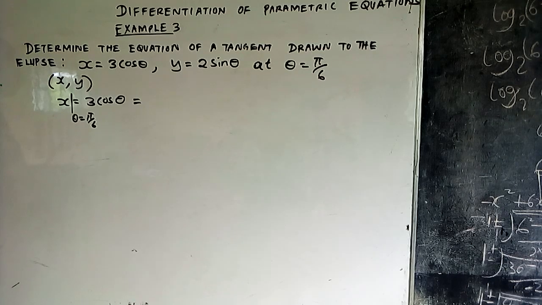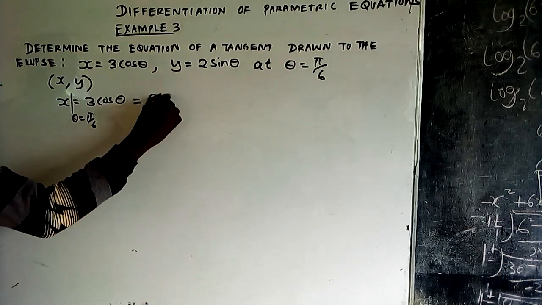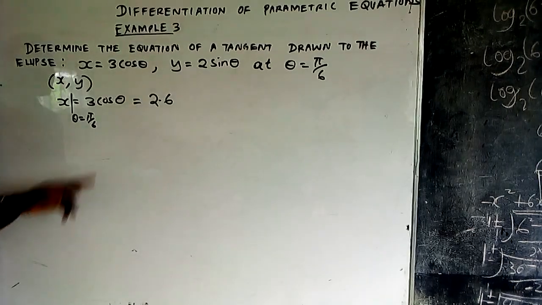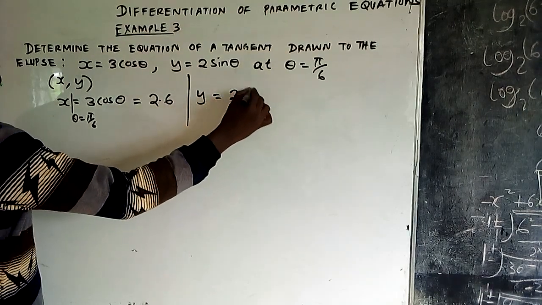You get the value of x to be about 2.6. So x is 2.6. Then you go again. What is the y? Remember, y is 2 sin theta.